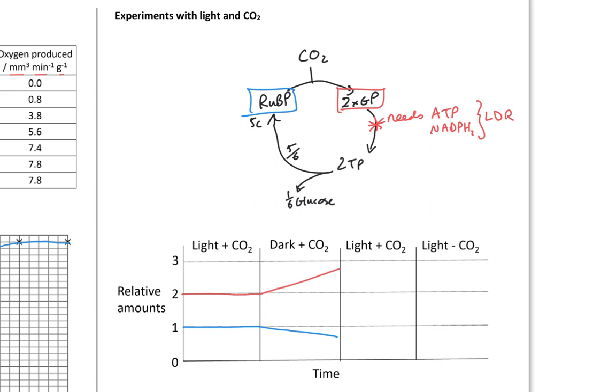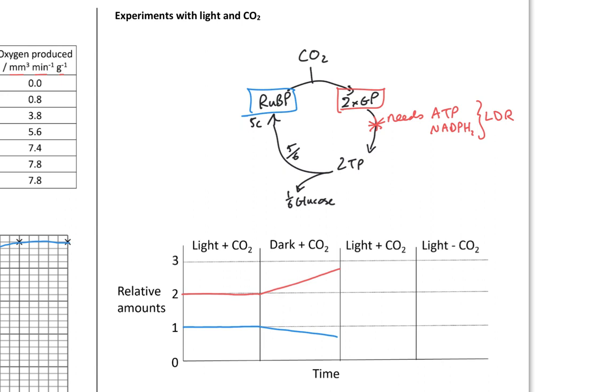Then I'm going to put them back into the light. So now I've got lots of GP, but not much RUBP. Note the slope of this line is steeper than this because every RUBP becomes 2 GP. If there's more GP, then it's more likely to be converted into TP than RUBP is likely to be converted into GP. There are enzymes involved, so it's about chances of collisions.